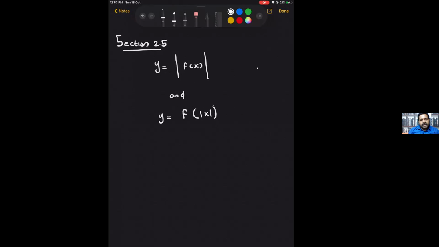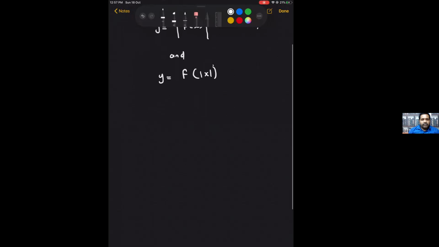There is a significant difference between these two types of sketching, so you should understand the concept clearly.